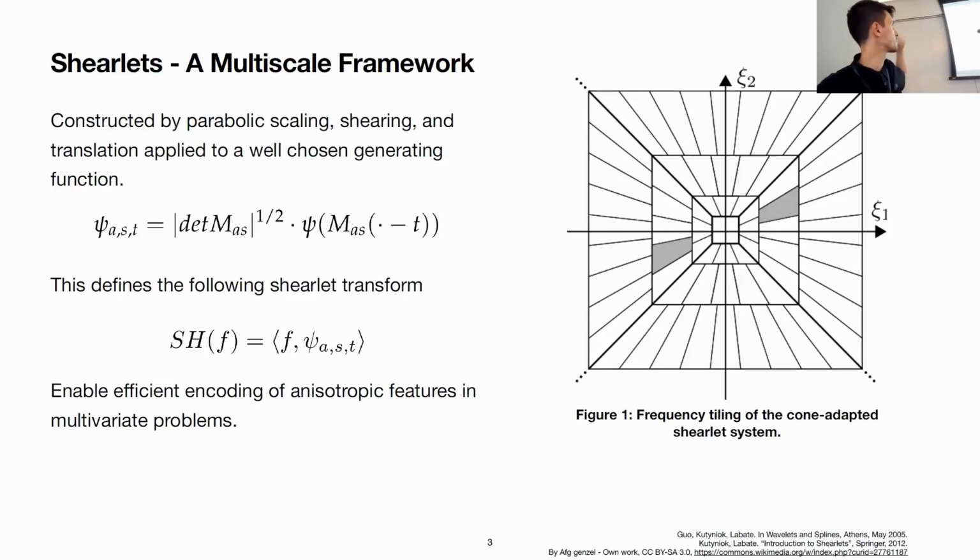A represents the parabolic scaling, S represents the shearing, and T the translation, and the formula that determines that takes into account these parameters, among other things. So there's a formula for it. Okay, thank you. So you can't just handpick it, like 3 or so. It has to be related to the actual Shearlet systems. Okay, thanks.